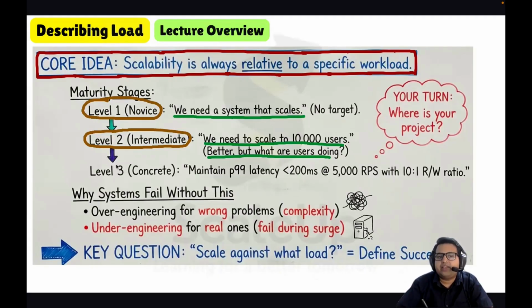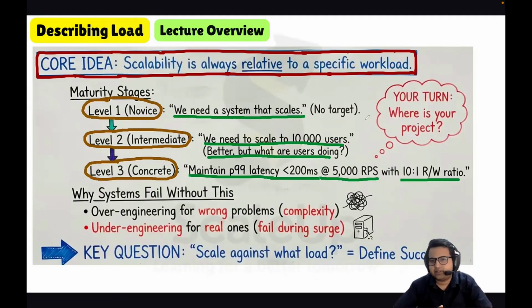Then we have level three, the concrete. A statement like, we need to maintain a P99 latency of less than 200 milliseconds, while the system handles a 10:1 read-write ratio at 5,000 requests per second. Now this is the concrete statement, because here we are talking about the load, and also exactly what the system will be doing.